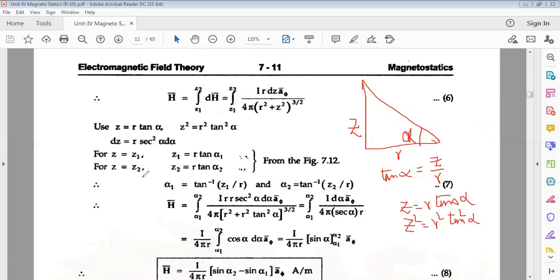But it matters. Now, because it is a finite length, Z is equal to Z1, and Z2 we can consider as alpha 2, and for Z1 we consider alpha 1.